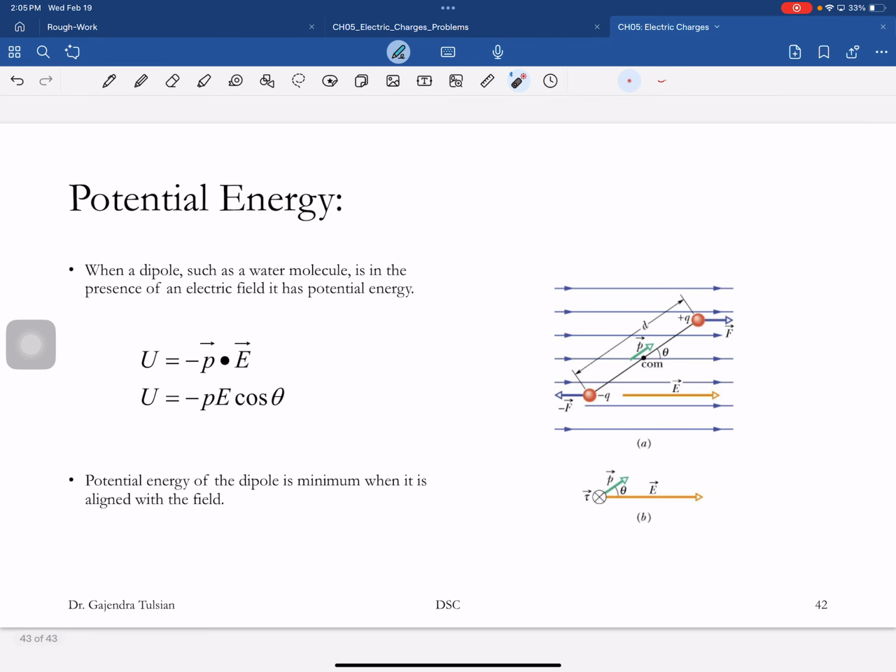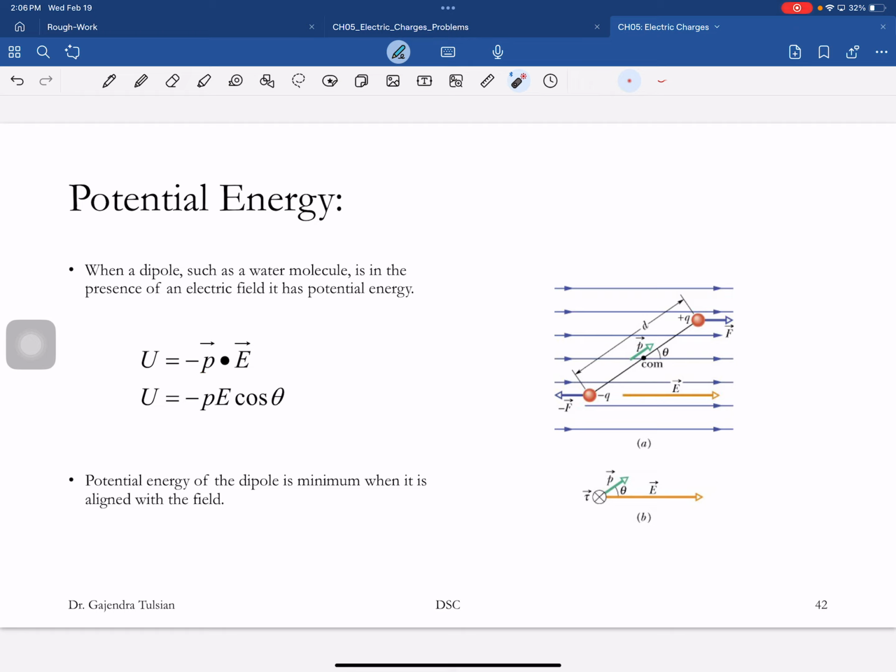What does this guy have? Potential energy, and it gets converted to kinetic energy. So you put this dipole in an electric field, it must have potential energy because that can get converted to kinetic energy. Okay, the potential energy of the dipole is given by negative P dot E.